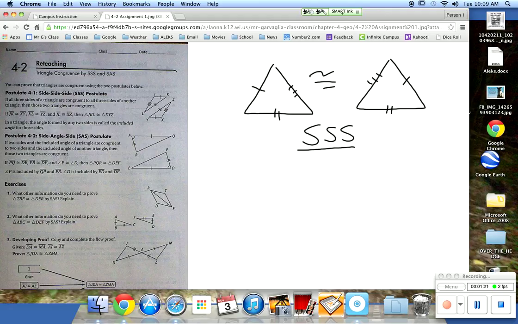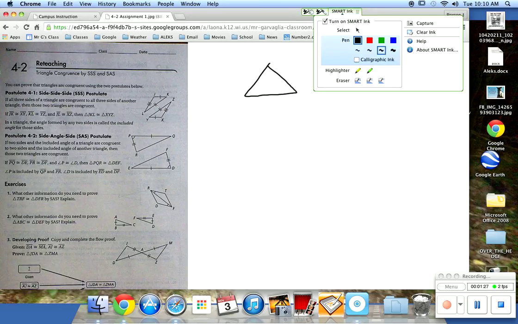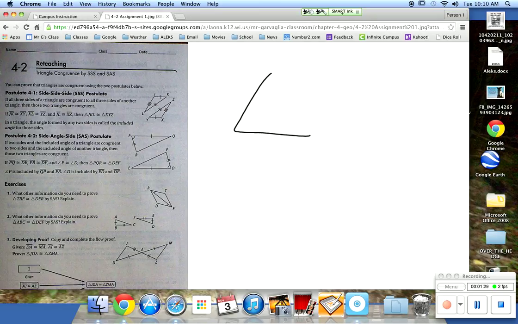The second one is going to be, let me draw that bigger. They are congruent if there's a side and there's an angle and another side. Now notice that this angle fits between these two sides.